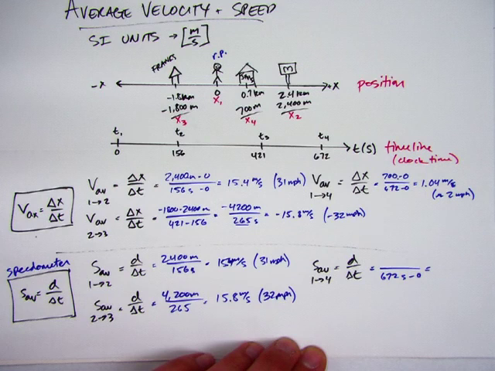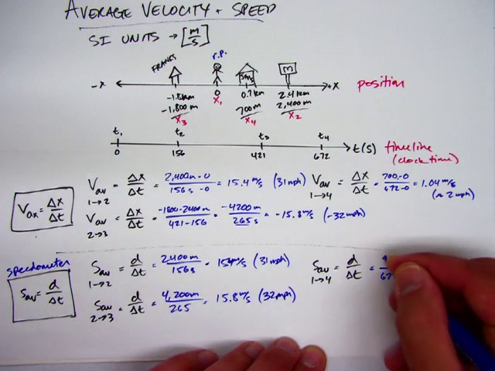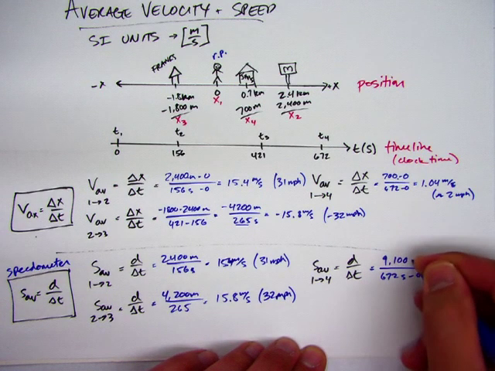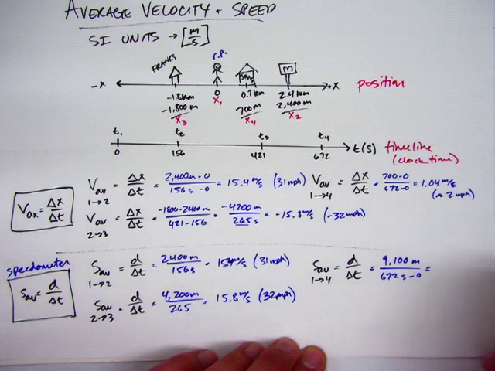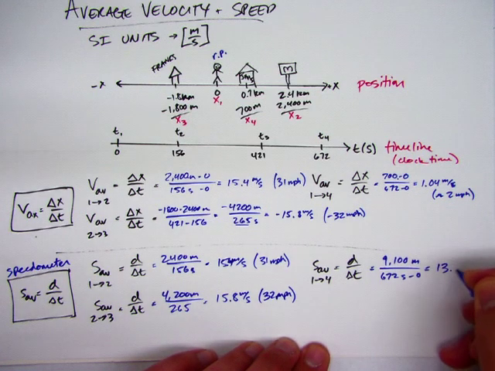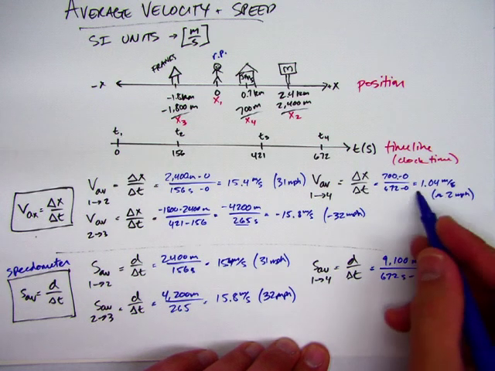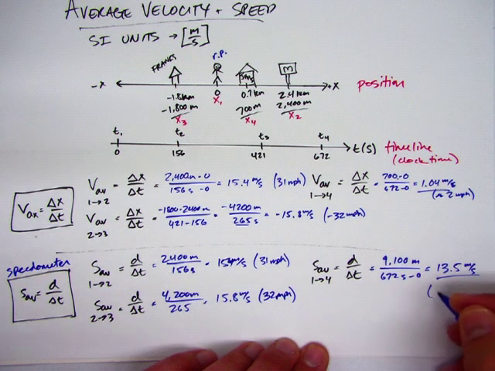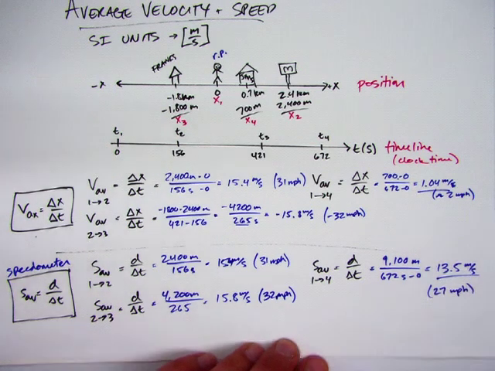So 2,400 plus 2,400 plus 1,800 plus 1,800 plus 700 gives me a total of 9,100 meters traveled. This is going to give me a big difference in overall speed versus overall velocity. So about 27 miles per hour.